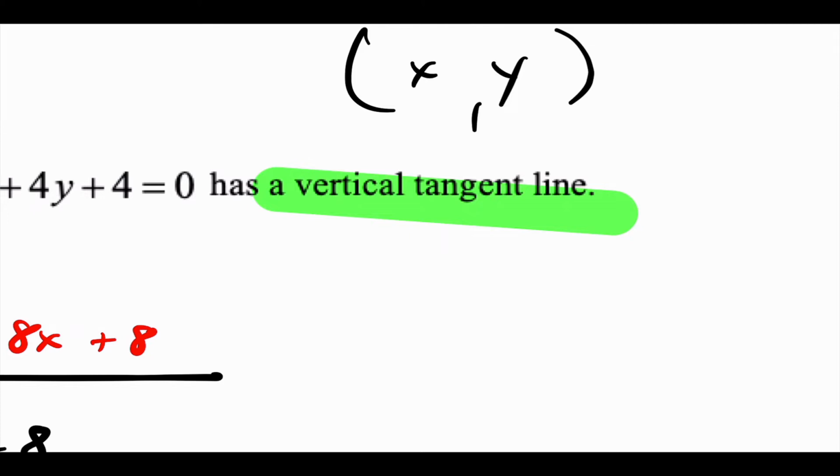When does a vertical occur? I'm guessing when the x values are equal to 0.